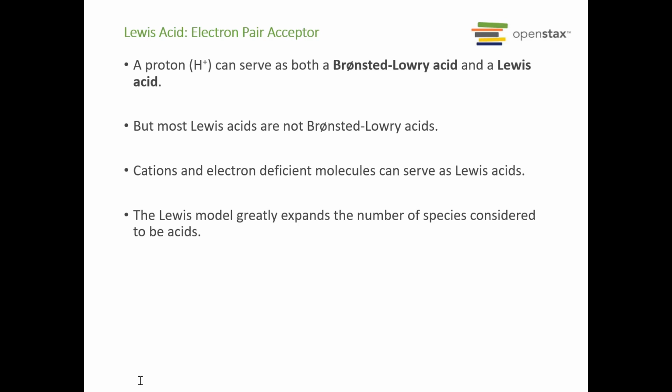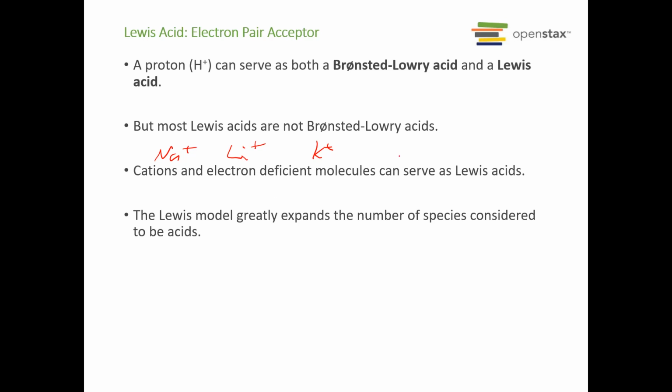For example, cations like sodium or lithium or potassium would not be Bronsted-Lowry acids if they're not accepting a proton, but if they're accepting a pair of electrons from something else, they would be a Lewis acid.